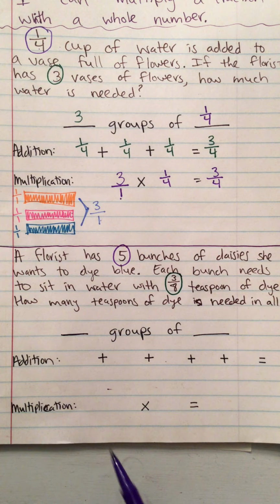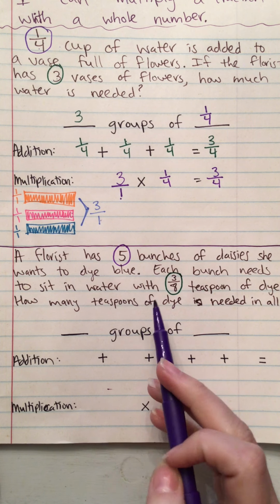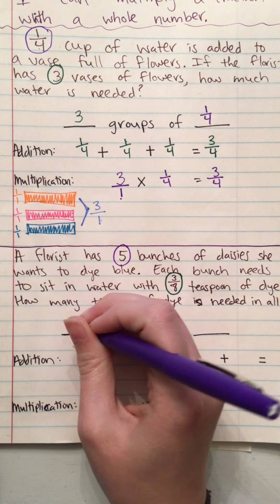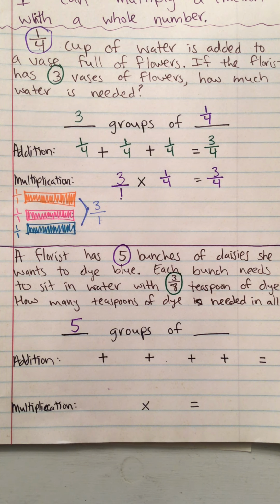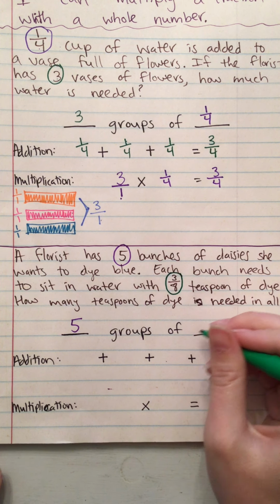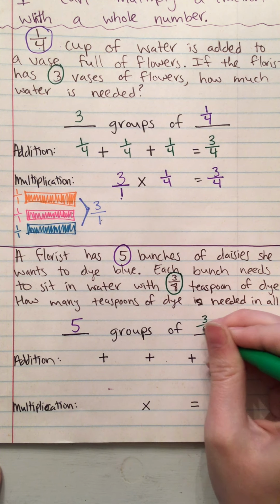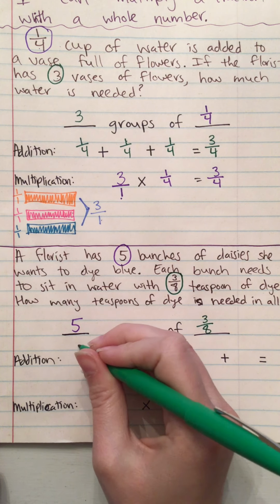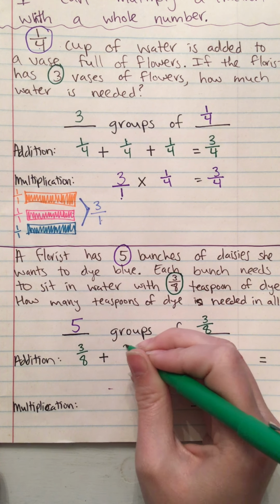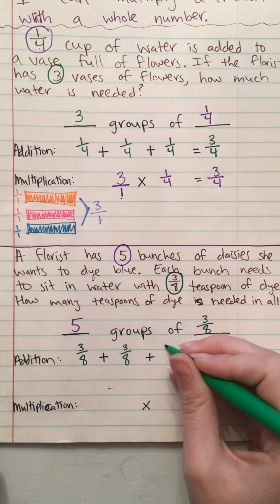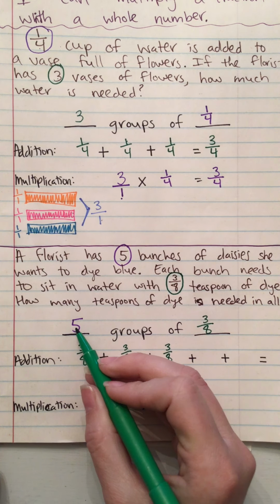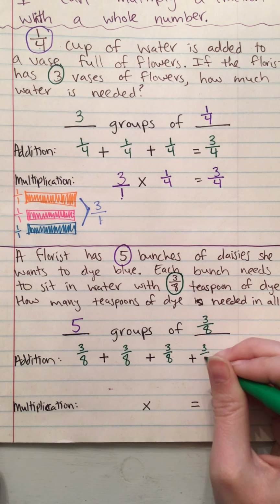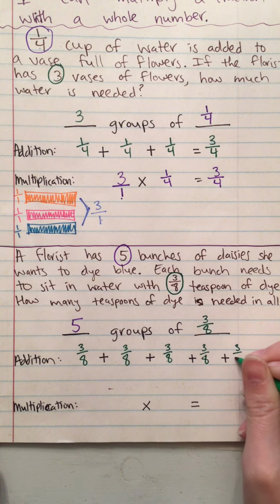Okay, well, I have 5 bunches of daisies, so 5 groups, and each bunch needs 3/8 teaspoon. Okay, my addition problem, well, it's just going to be 3/8 plus another 3/8 plus another 3/8, 5 different times. Another 3/8 plus another 3/8.